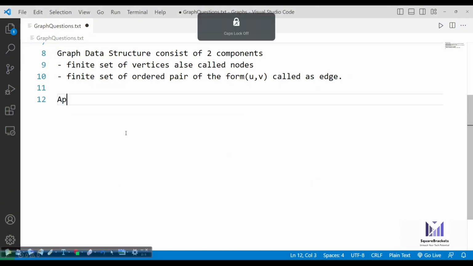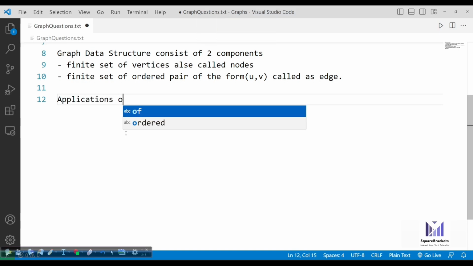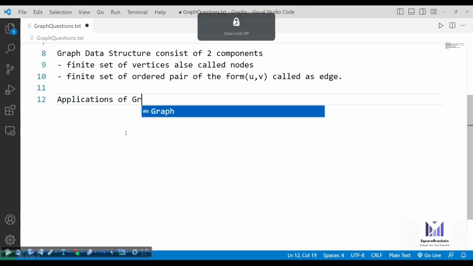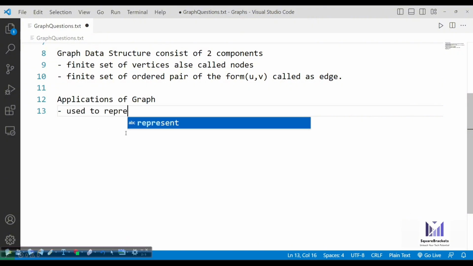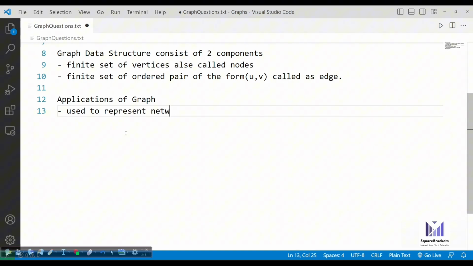Now, if we talk about applications of graphs, what do we have in today's time? Graphs are most popularly used to represent networks. The graph may include paths in a city, or a telephone network, or a circuit network, or even Google GPS. So the network may include any kind of thing.